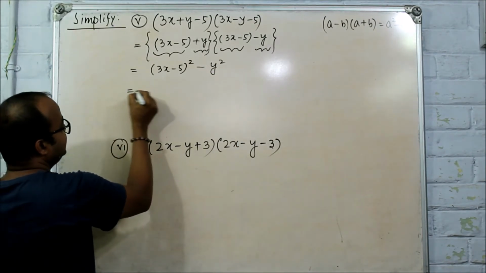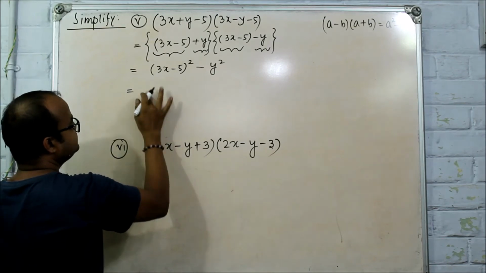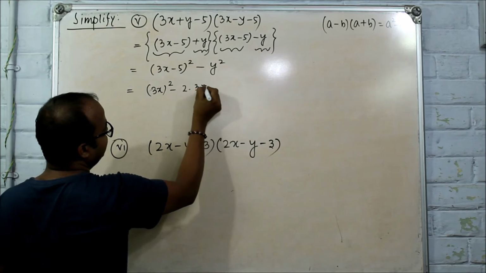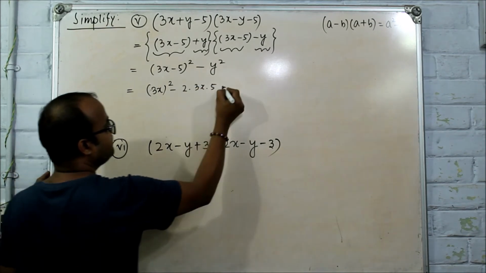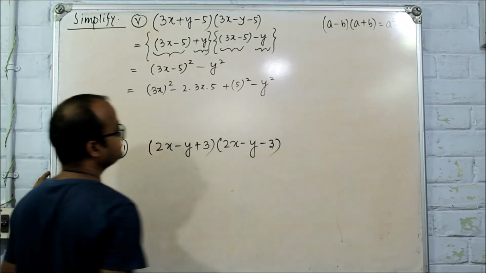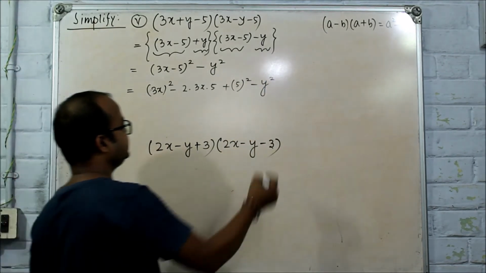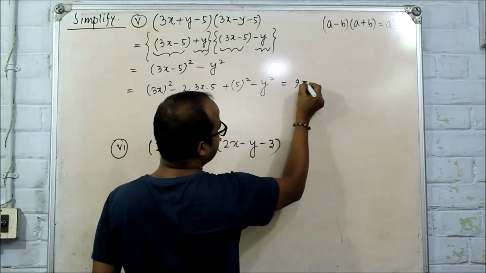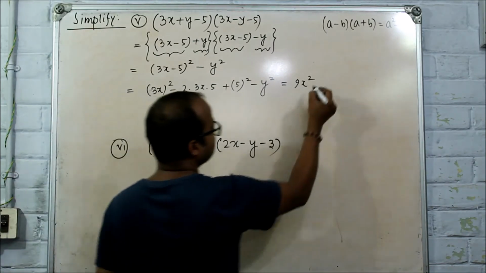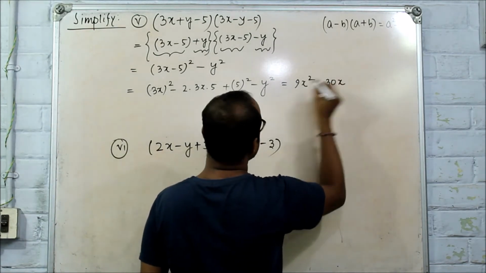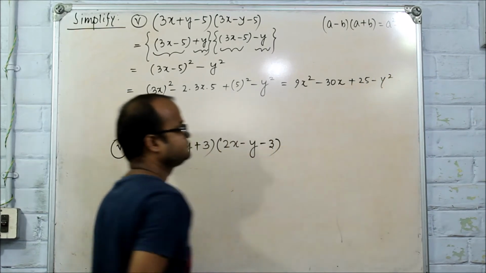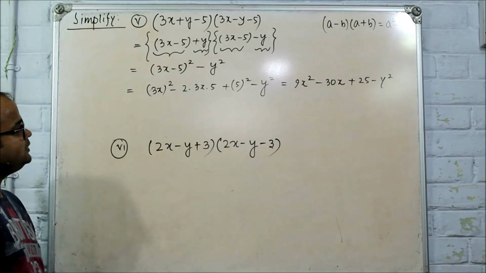So now if you apply the formula, a square, so 3x square minus 2 into a into b plus b square, minus y square. So this is equal to 9x square, 3 twos are 6, 5 sixes are 30, so minus 30x plus 25 minus y square. Clear?